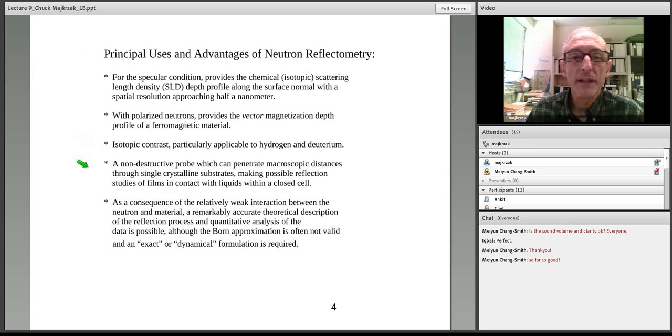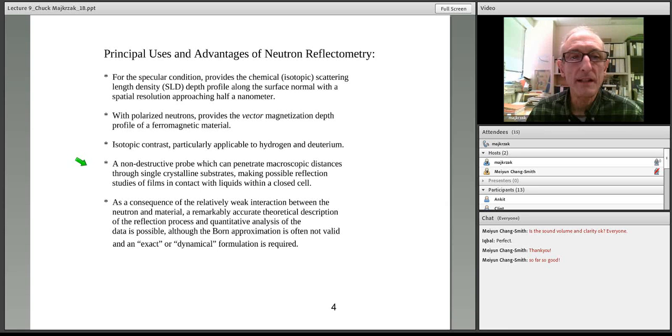It's also a non-destructive probe and can penetrate large macroscopic distances in single crystal substrates, so that we can build cells that enable us to study films in direct contact with aqueous reservoirs, batteries, fuel cells, liquid cells with biological membranes on the surface, and so on.